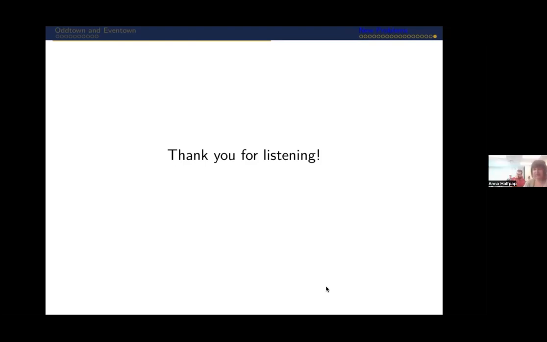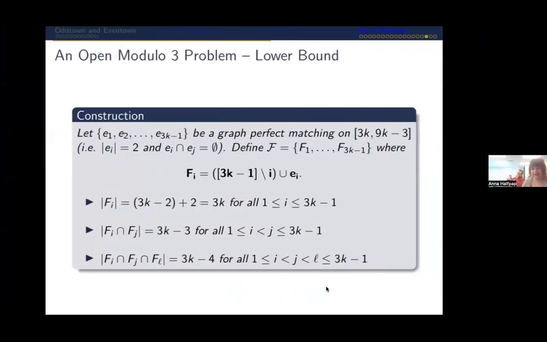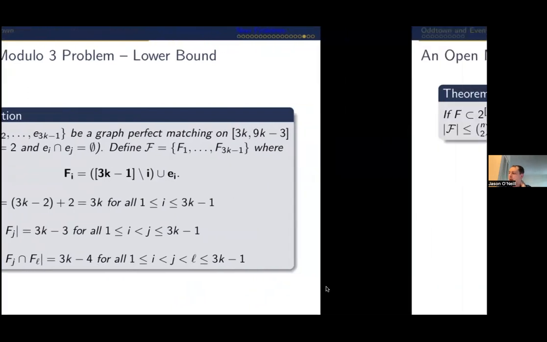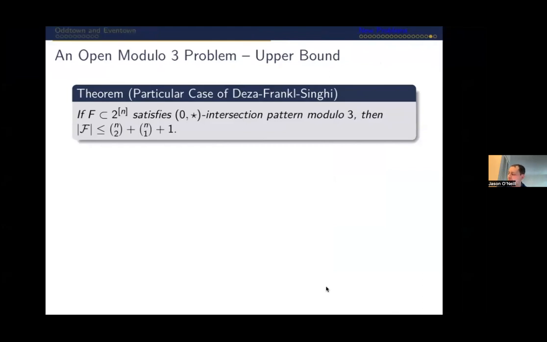So you said at the very end that you have these problems where you have the star entries in your pattern and maybe are not fully utilizing them in your construction, that now there's multiple options for those congruence classes. Is it easier if instead of having the star, you specify that you want all these intersections to be 2 mod 3? Yeah, so if you specify 2 mod 3, then it turns out the Deza-Frankl-Singhi theorem is going to give you an upper bound of n choose 1 plus 1.